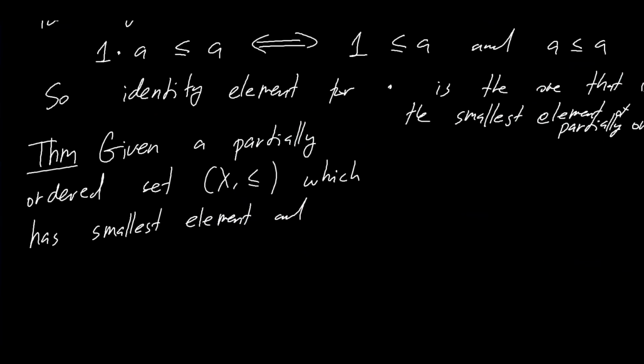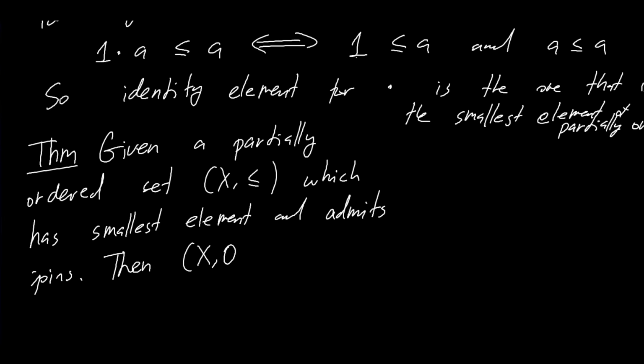So it has a smallest element and admits joins, which means that for every two elements A and B, that joint thing exists. Then the set X with the smallest element, which we will denote by 0, not by 1, but rather by 0.